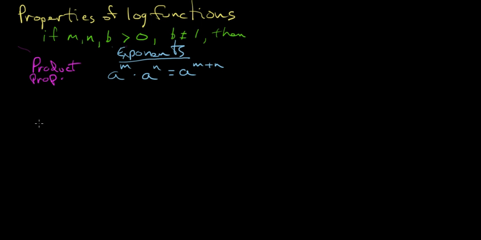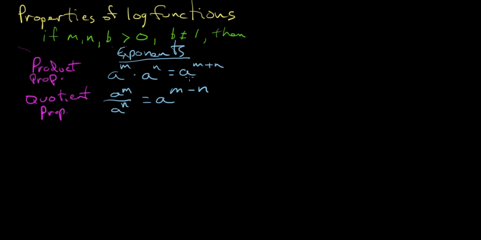And then we had the quotient property. The quotient property goes like this. It says a to the m over a to the n equals a to the m minus n.